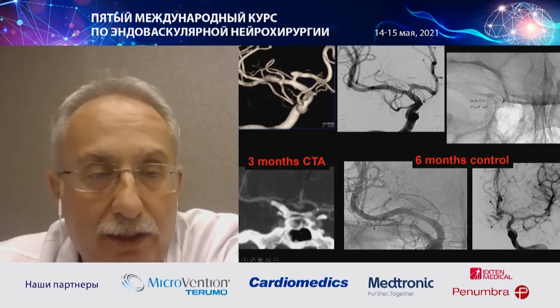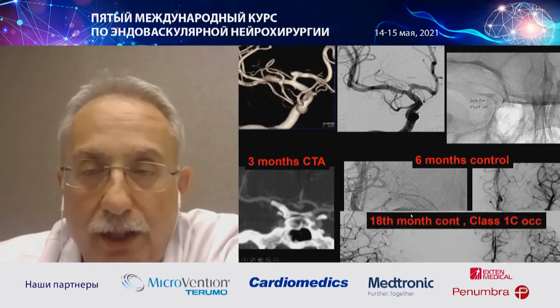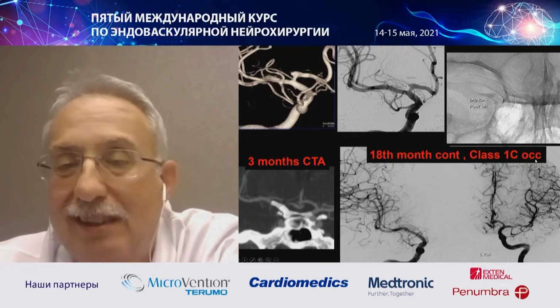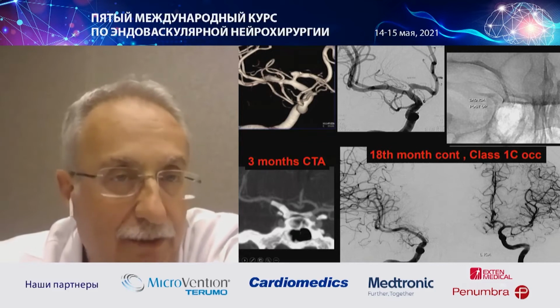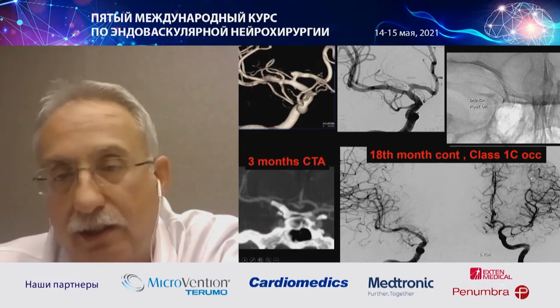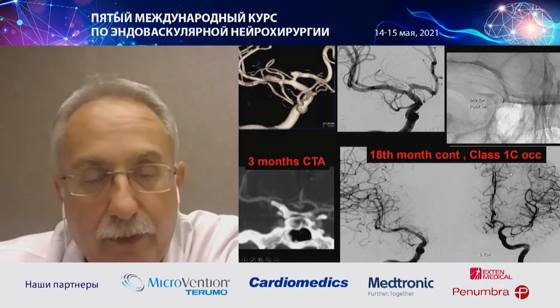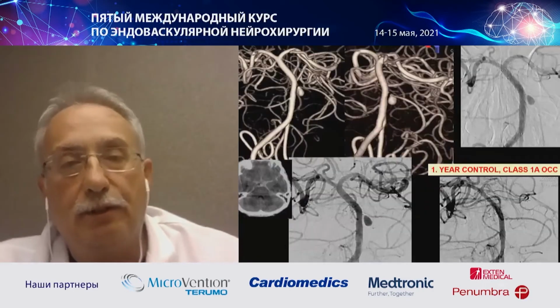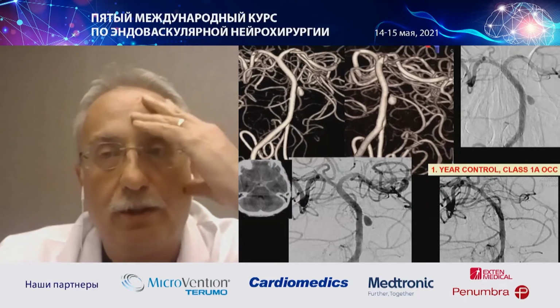Then the 3-month CTA, 6-month angiography, and 18-month control show us a class 1C occlusion. It means that the aneurysm is occluded, and the dependent vessel is also occluded asymptomatically. So it's just a matter of the concept in your mind.